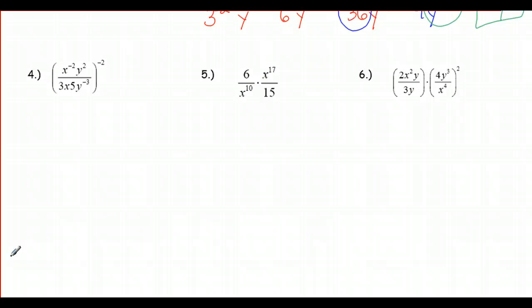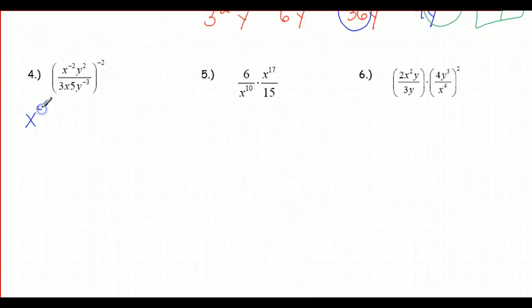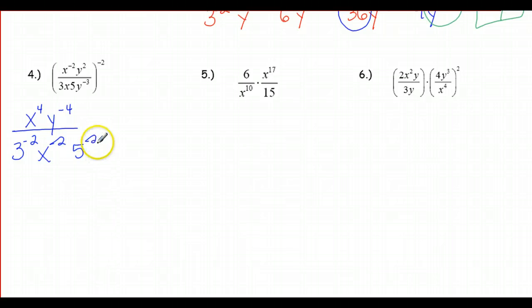Okay, so first thing we're going to do is distribute our negative exponent. So we're going to have k to the positive 4, y to the negative 4, over 3 to the negative second, x to the negative second, 5 to the negative second, y to the positive 6.